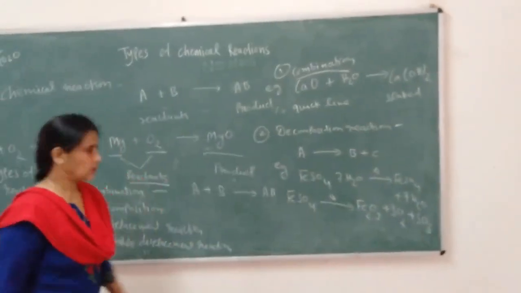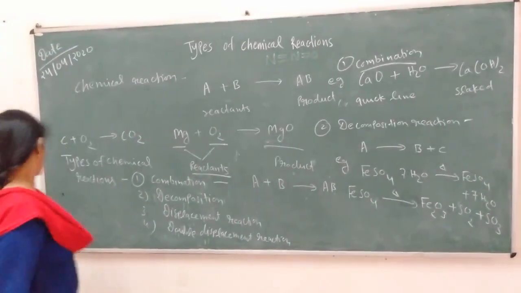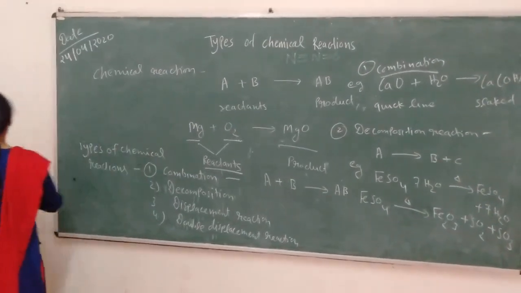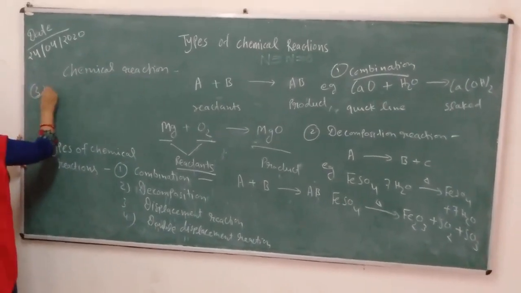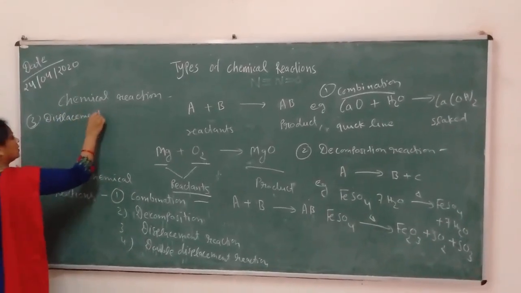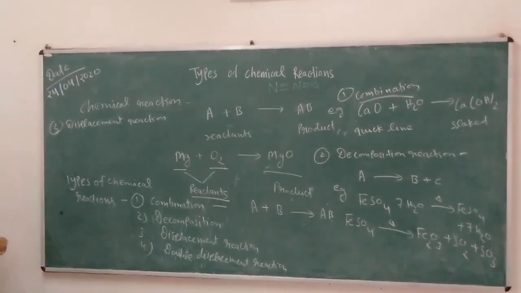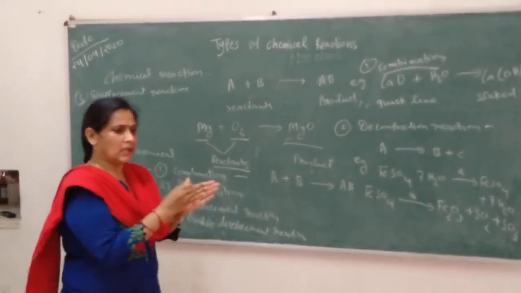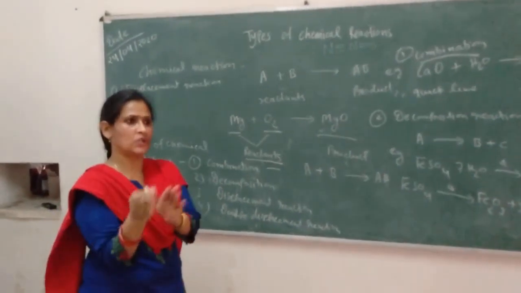The next, third type of reaction, is displacement reaction. What is the meaning of displacement? When one thing displaces another thing from its position.